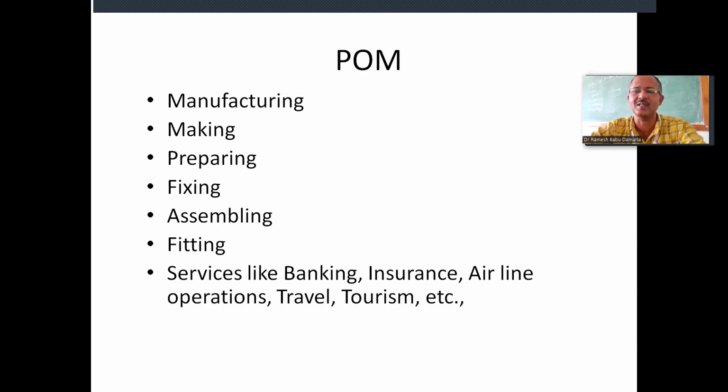When you're putting together, we say fitting. Production operations management also involves operations other than production, like services such as banking, insurance, airport operations, travel and tourism, hospitality, hospital management, and many more things.